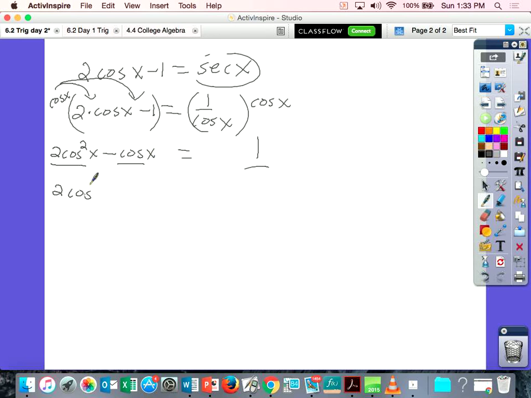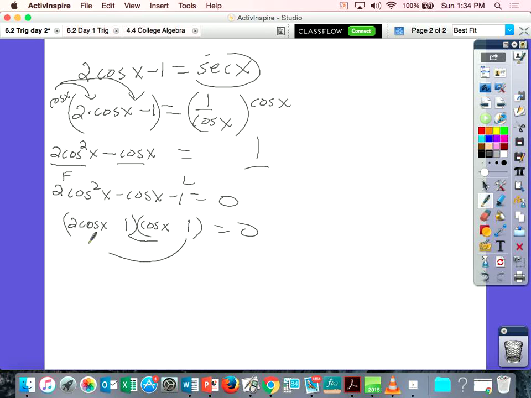So I'm going to use the zero product property and factor that. So 2 cosine x cosine x, front times the front is 2 cosine squared, and we have the last that is -1. So I need a 1 and a 1, but I need the insides plus the outsides to be a -1.